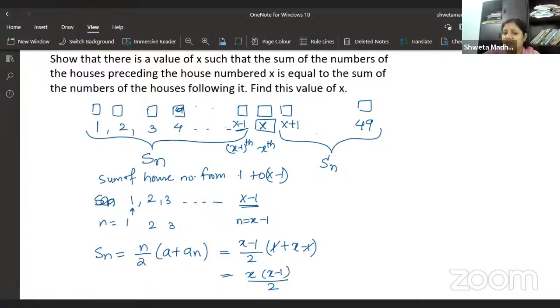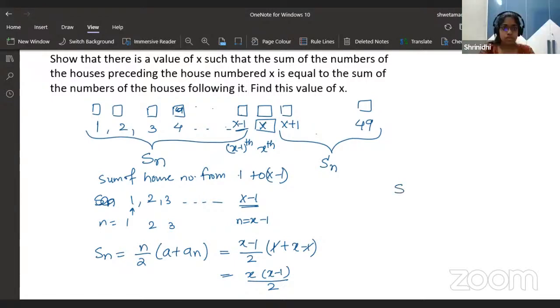So how many houses are there here? x plus 1 up to 49. How many total houses are there? Is there any other way to find this S dash n?